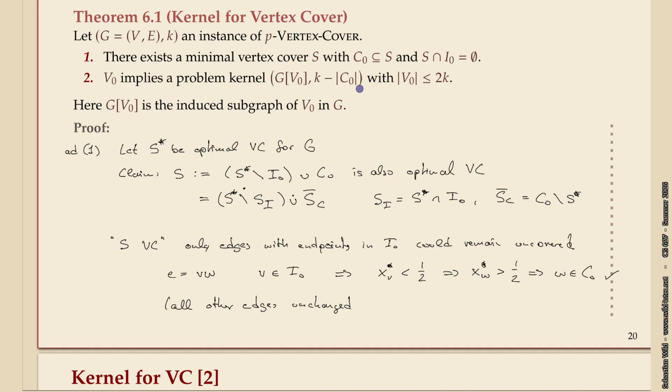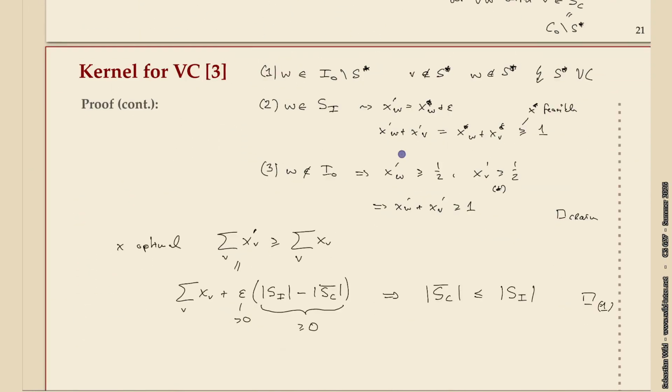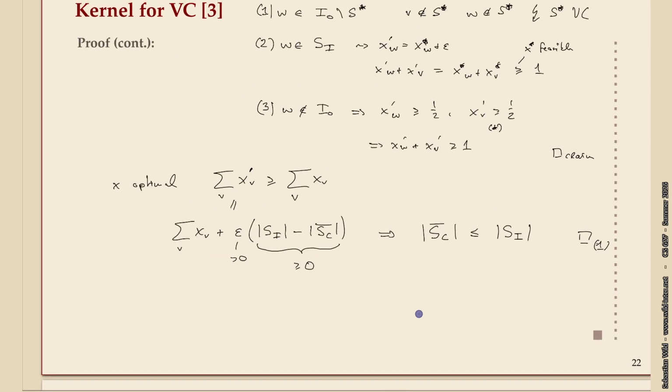And then that is a valid kernel for the original input, and its size is bounded. Okay? So let's see that, and I need another page. So, check. For claim 2.